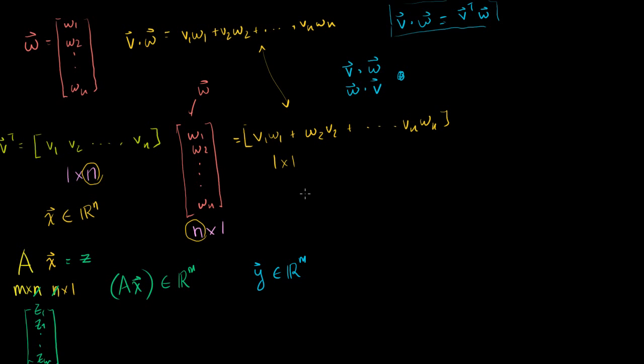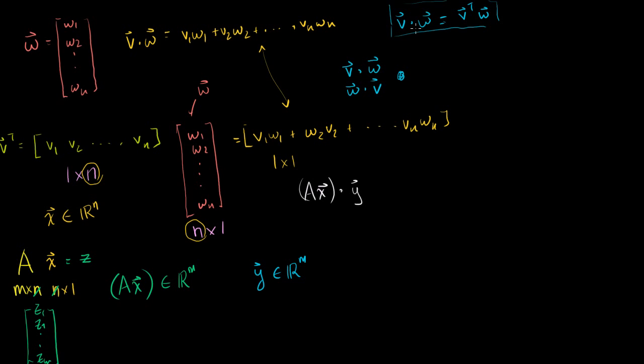Let me write that. We take Ax, that's a vector, and we dot it with this vector y, and we'll get a number. We just take each of their terms, multiply the corresponding terms, and add them all up, and you get their dot product. But what is this equal to?